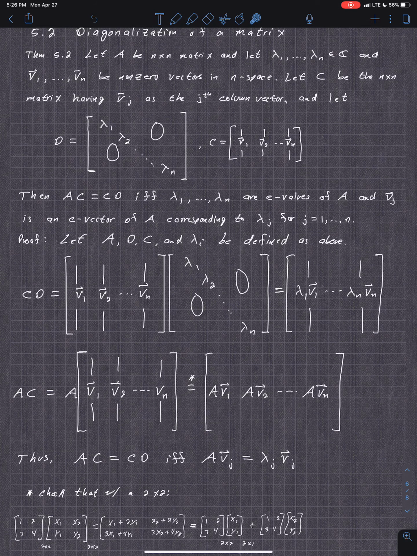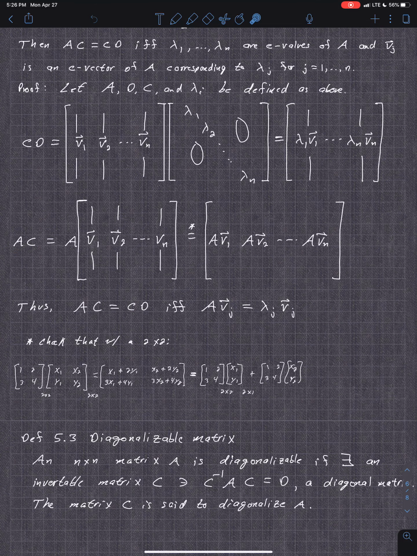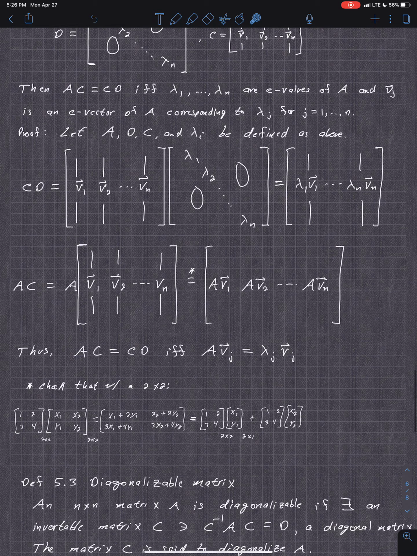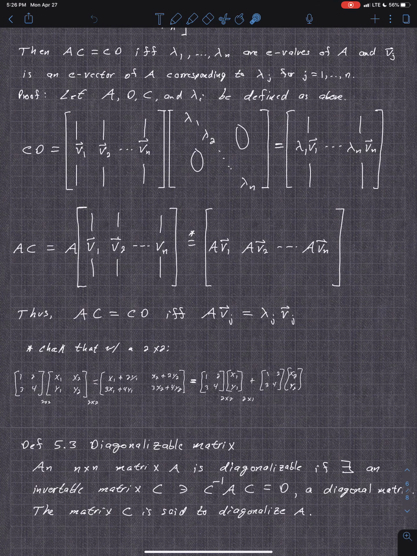So then we can state what AC is. A times C is the matrix A, okay, A is just A. So A times C, well, C is this, and in that case you get A times this vector and this vector and this vector. Now that might take a little to work with, so I actually did this myself down here with a 2 by 2.